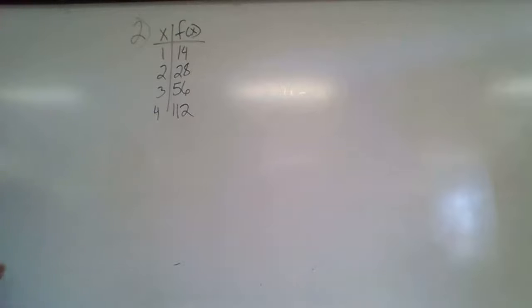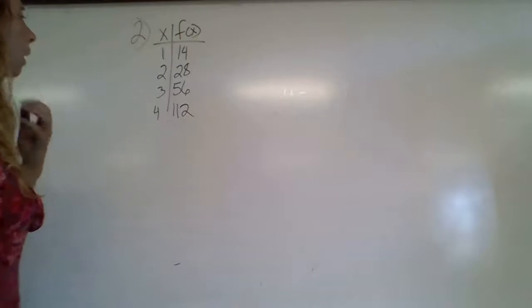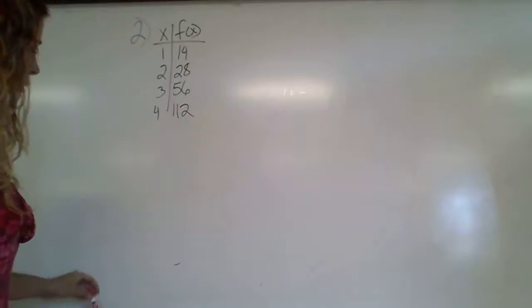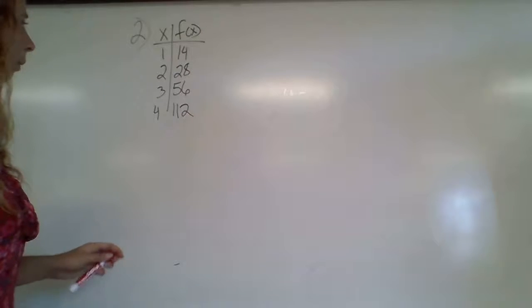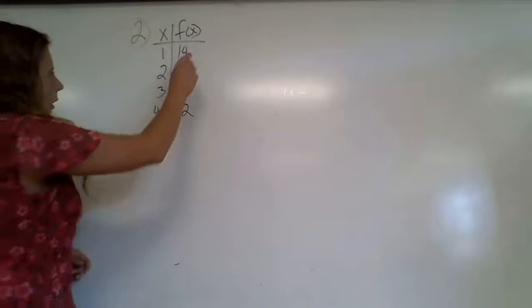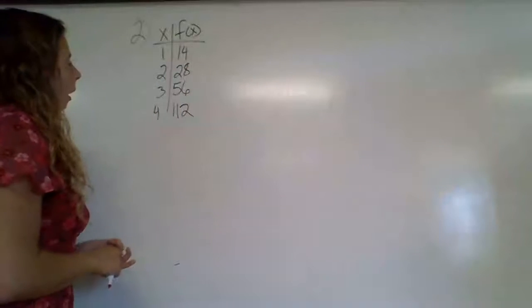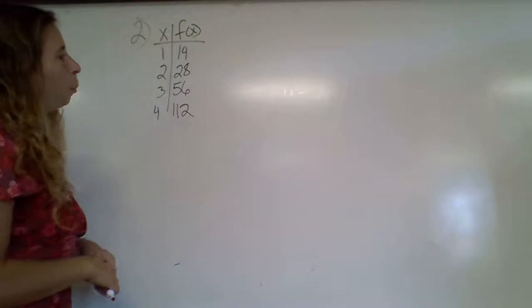Okay. I'm going back to number 2. We're doing number 2. So first things first, is it linear or exponential? Well, let's look. 14 to 28 to 56 to 112. Geez. Well, what am I doing?